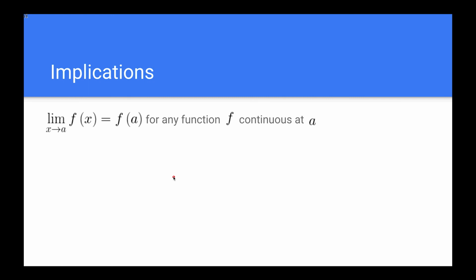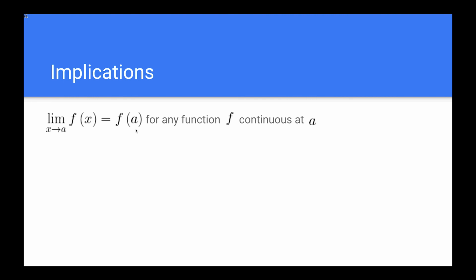So why is this important? Why does the definition of a continuous function matter? If a function f is continuous at a, then we can say the limit as x approaches a of f of x is equal to f of a. If we take a function such as a polynomial, we know that polynomials are continuous on all real numbers, no matter what the polynomial is.